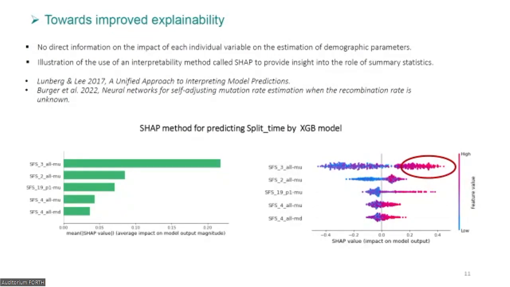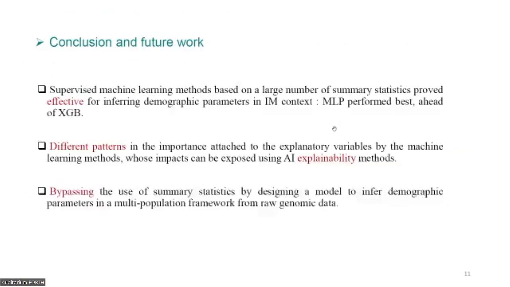When we have white points, that means a high value for the feature, a high number of tripletons in the overall population, we have high SHAP values. So that means that when we have a high number of tripletons, we tend to have a higher separation time between our populations.